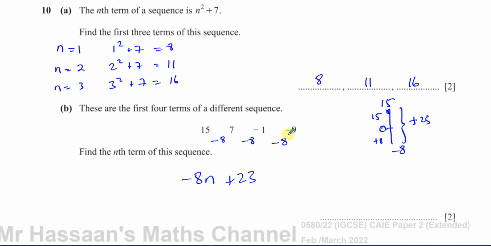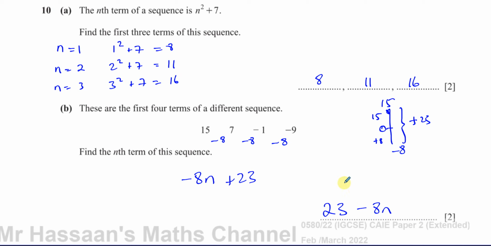Right? So when n equals 4, you'll have negative 32 plus 23, which is negative 9. So the values that we have here come up when I put n equals 1, 2, 3, and 4 into it. So we know we're correct. And you can leave your answer written in this format, or you can write it as 23 minus 8n, which looks a bit neater. Both of them are perfectly fine.